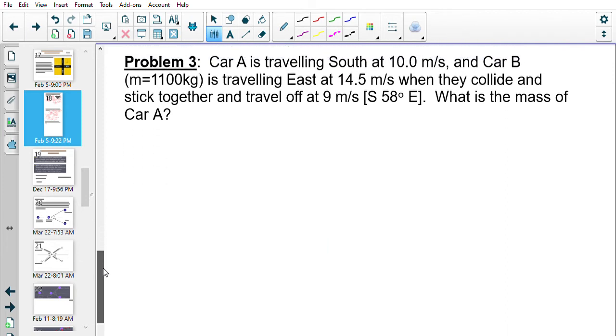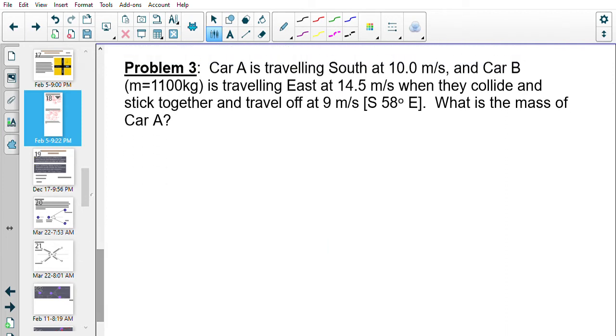The third one is actually even harder than what we've seen so far because it's not giving you mass A. So this one's going to be tricky. So we have car A, and it is traveling from the north, so it's traveling south. MA we don't know, and VA we do know to be 10 meters per second.